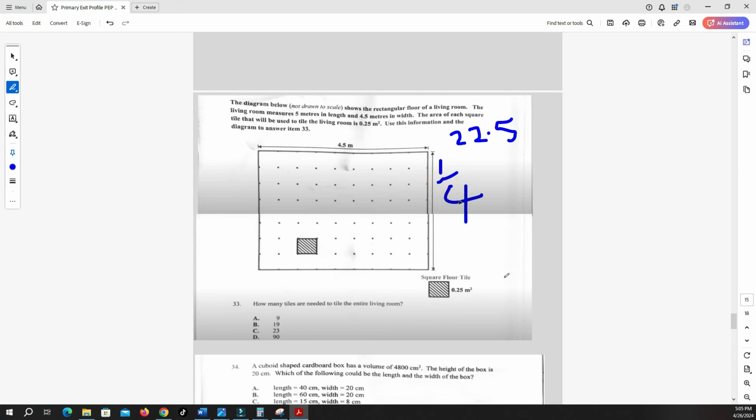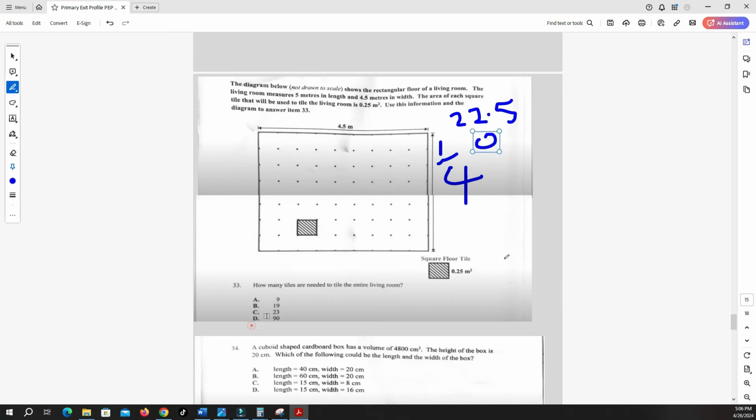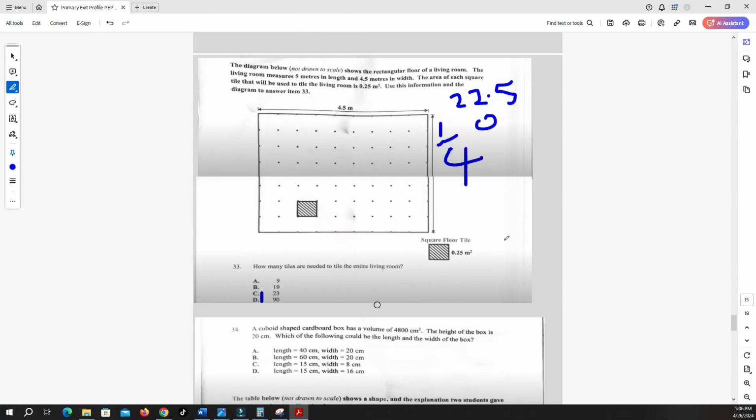Alright, so we need to flip this around now to get the answer, which is 4 times 22.5. 4 times 5 is 20, 4 times 2 is 8 and 2 is 10, another 0, 4 times 2 is 8 and 1 is 9, 900. So that would be 900 with the decimal point, so it's 90. So the answer should be 90. That's D.